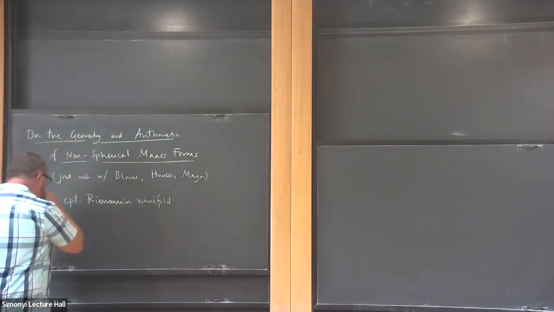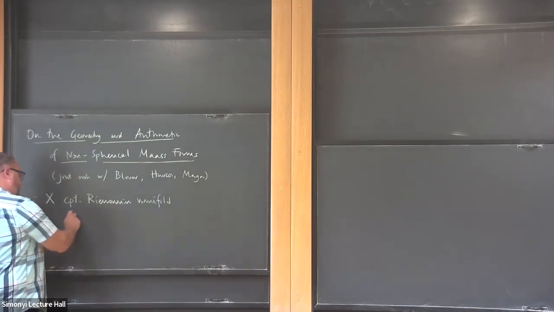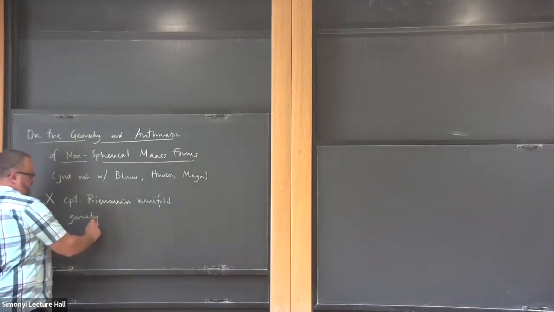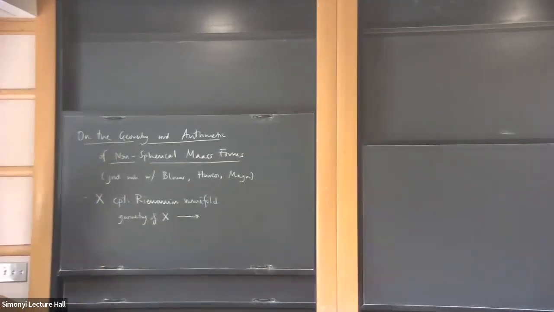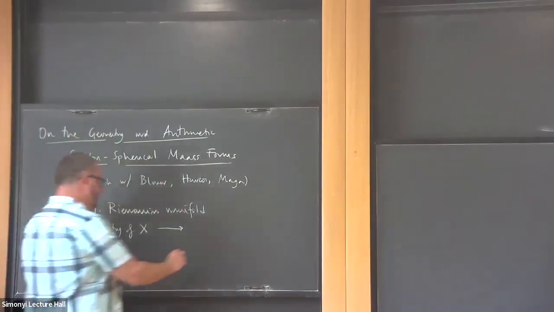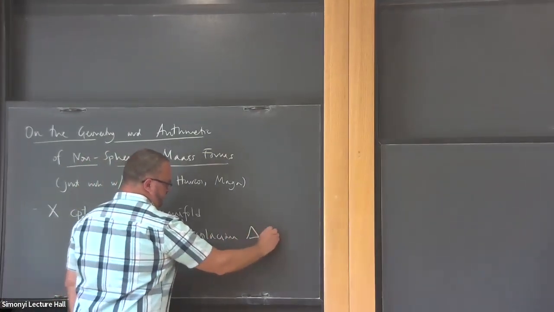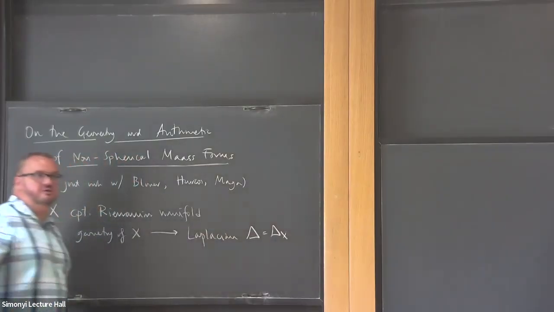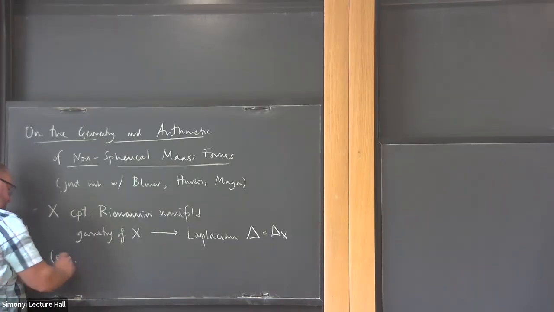And on this manifold, we have a notion of a metric. So we have some geometry. And corresponding to this geometry is a certain second order differential operator we call the Laplacian. And this Laplacian depends on the geometry that you put on this manifold X. So for example, my first example is not going to be the usual one.